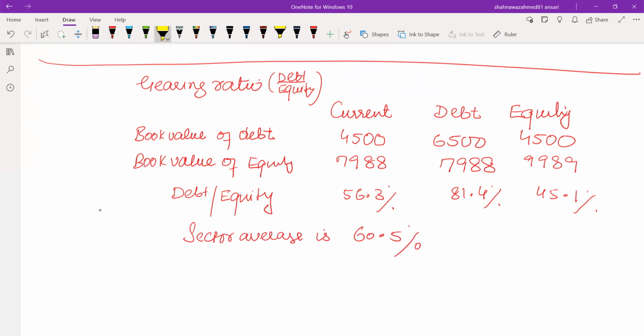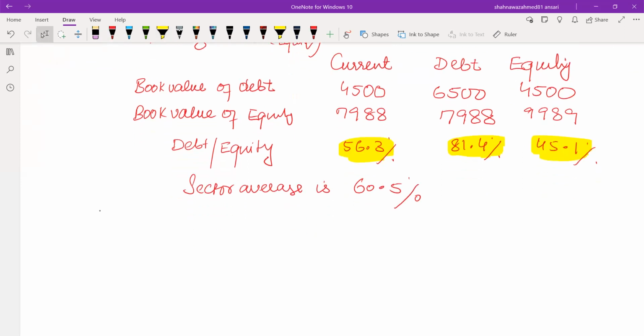So the current debt to equity ratio was below the sector average. But if we raise finance through debt financing, it is more than the industry average. And in case of equity financing, it is 45.1%. So in case of debt financing, there will be a rise in the gearing ratio, which might be a problem for the shareholders.